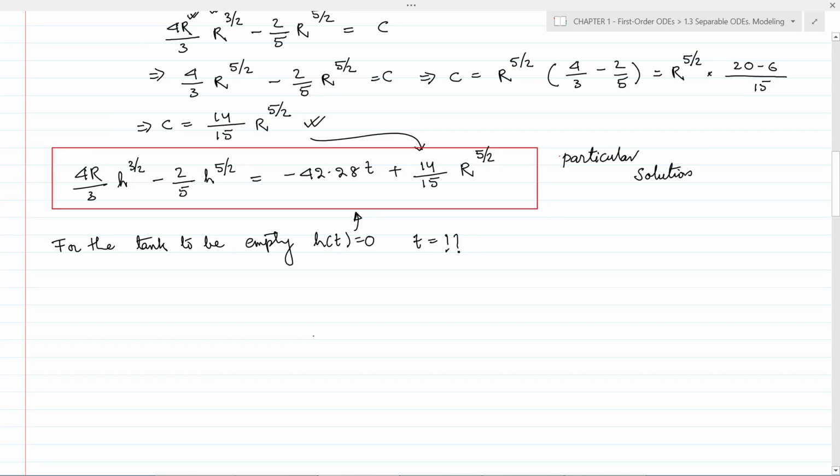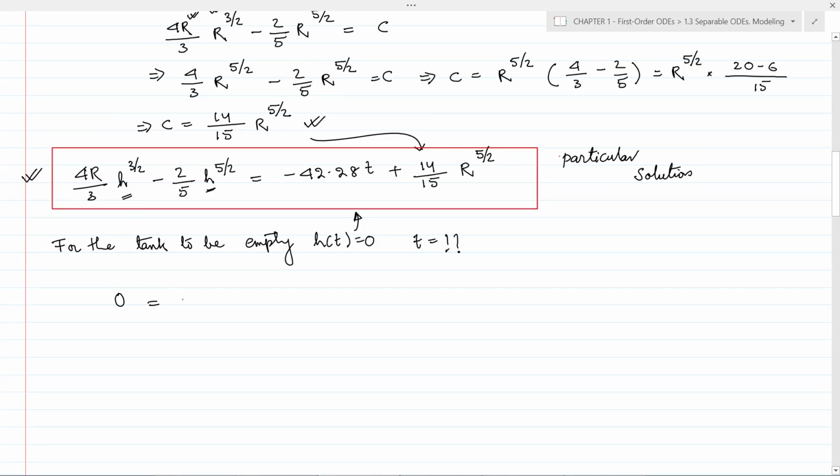The question is asking first to calculate the time taken to empty the tank for radius r. So, we will put h equal to 0 in this equation, and the left hand side becomes 0 because there are two h terms which both become 0.